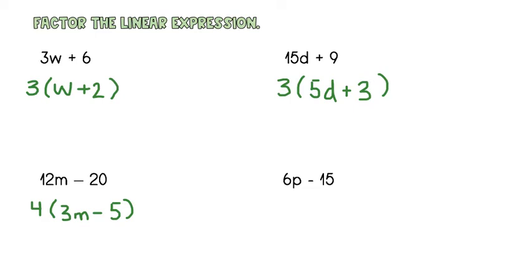Both of these terms can be divided by 3. It looks like I have a lot of examples using 3, and that's okay. 6p divided by 3 is going to give me 2p. And my negative 15 divided by 3 will give me a negative 5.